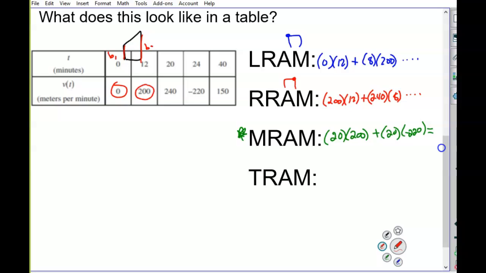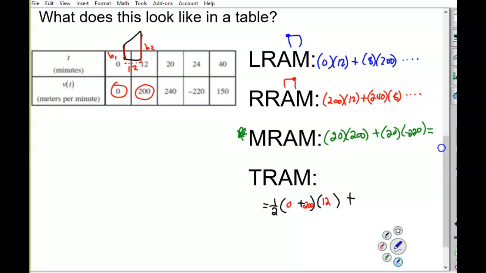I'm not going to get super detailed with this, but the area of the first trapezoid is 1/2 base 1 plus base 2 times the height. So it would be 0 plus 200. And then the height isn't how tall it is, it's the width of the interval. And then you would just keep going.